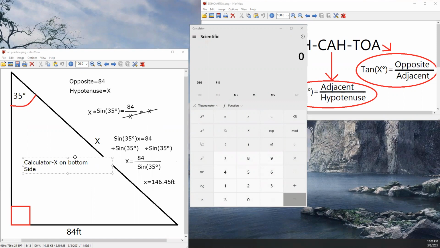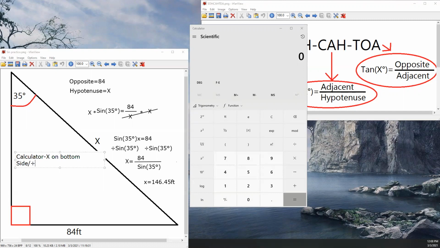So anytime you're doing trig and x is on the bottom of your fraction, then this is what you would put in the calculator to solve it. You can skip the algebra and do this. It's going to be side, I'll separate them with a slash, right?